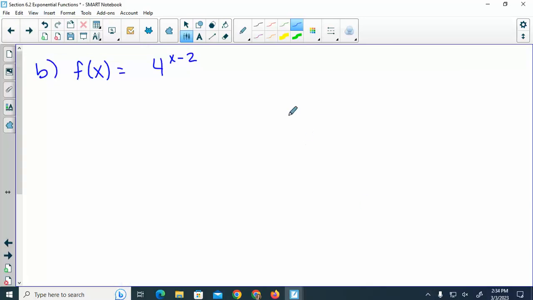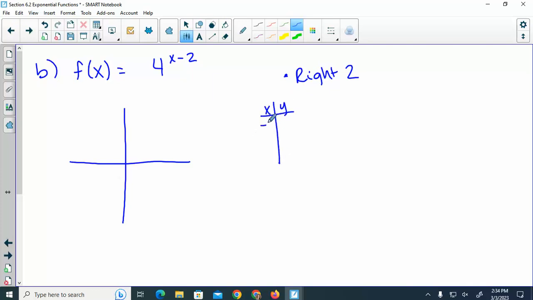I got excited. So what would this -2 do to my graph? Right 2. So my parent function is 4 to the x. So t-chart, like I said, optional if you want to write it down, but you're plugging in -1, 0, and 1. 4 to the -1, the negative power just flips it, so that's 1/4. 4 to the 0, anything to the 0 is 1. And 4 to the first is 4.